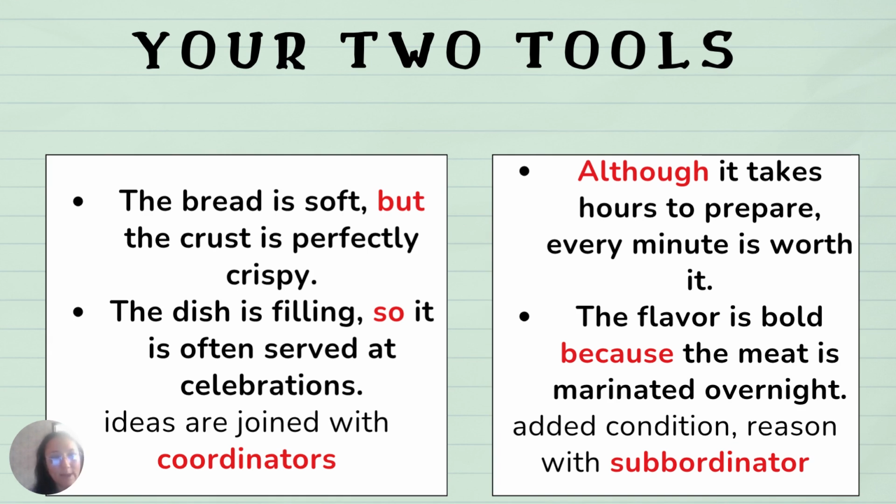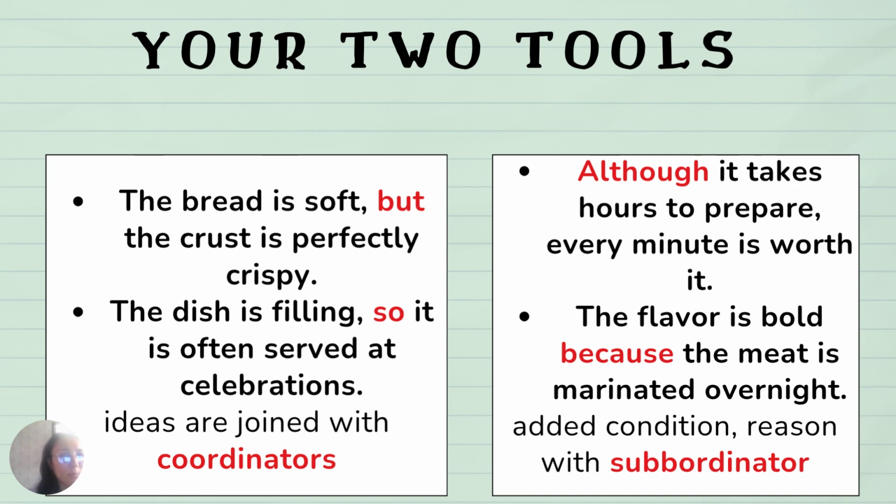We should look at them in the examples. So, in the first square, I've got some examples, some compound sentences with the help of coordinators that connect equal ideas. So let's see. The bread is soft, but the crust is perfectly crispy. So two equal ideas, soft and crispy.